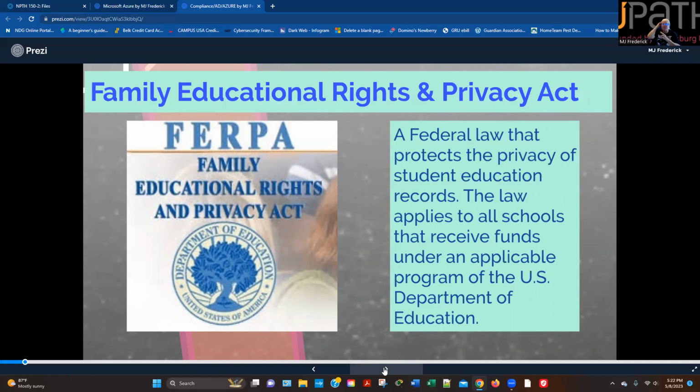They have their own rules and protocols set in place. But for the general purpose, when we talk about public, it is any school across the United States that receives funds in order to do what they need to do in their school environment, then this is applicable to them. Meaning, I've had parents come to Santa Fe College when I was still there, wanting to talk about their child who was 18. I could not speak to them unless the 18-year-old gives permission.